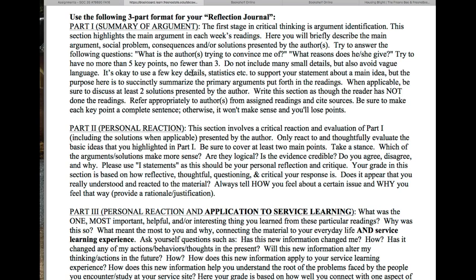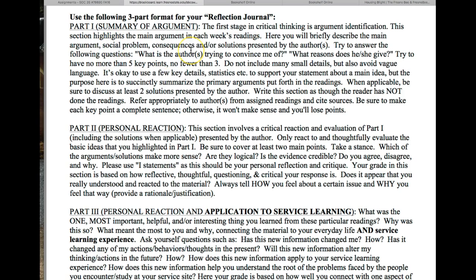You are reading an article in the Fresno Bee on slum housing. Last week you watched Inequality for All. You watched a film called The Line. So you are summarizing the arguments that are presented in those readings.